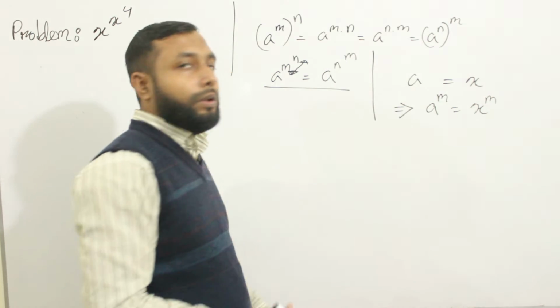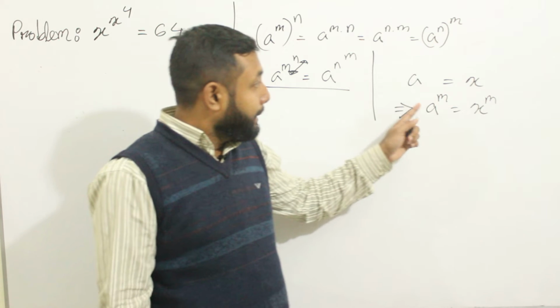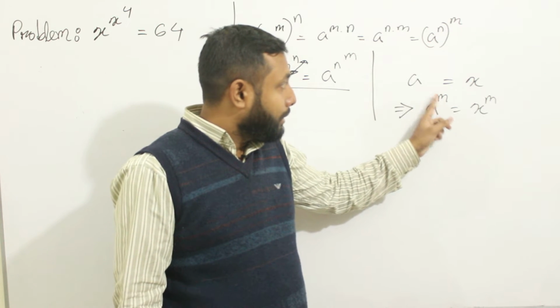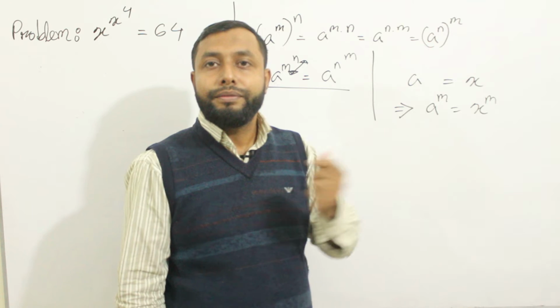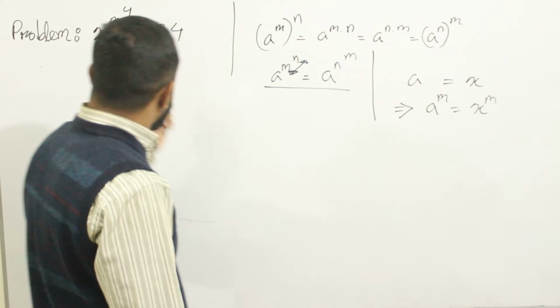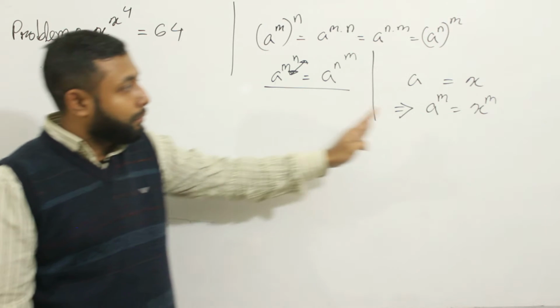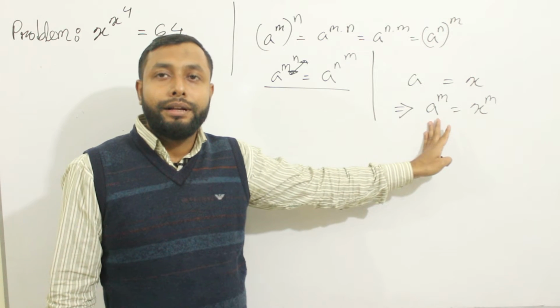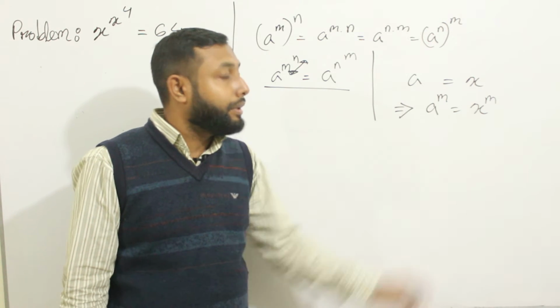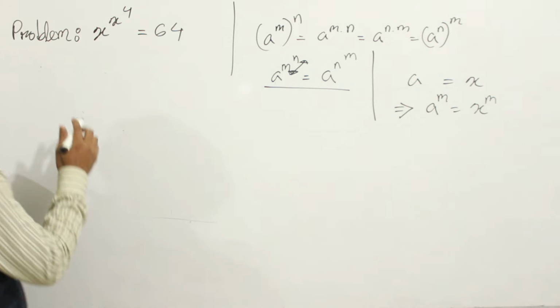That is, we may implement the same exponent on both sides. There is a formula, so to solve this problem we can apply that formula. We simply can implement another exponent on both sides.